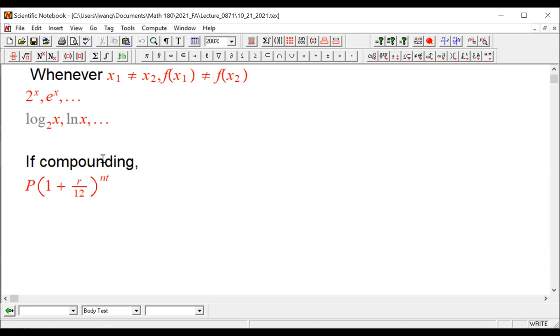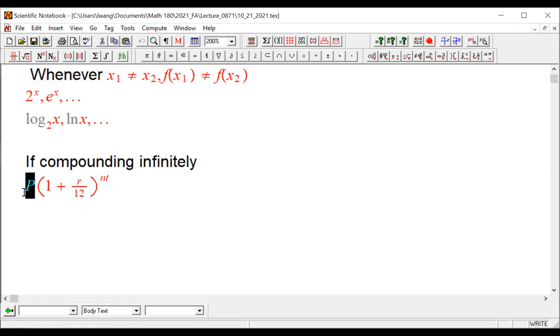If compounding infinitely many times, is that going to make you an infinite amount of money? Yes. You think so? Yes, I think so.